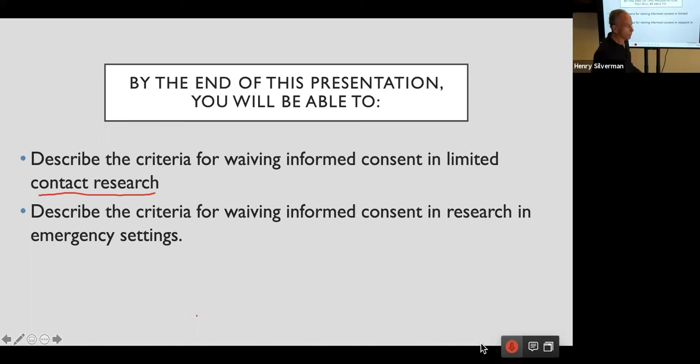Also, there are criteria for waiving the consent in research in emergency settings, because sometimes if we have a drug to treat stroke, it would be important to give that drug very quickly, and patients lack capacity to give their own consent, and family members may not be around.